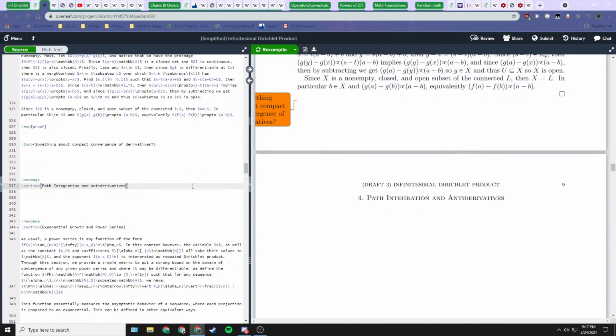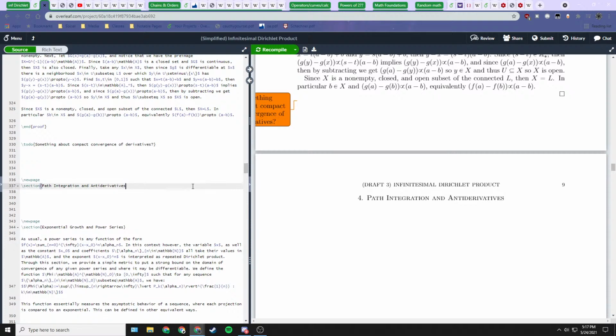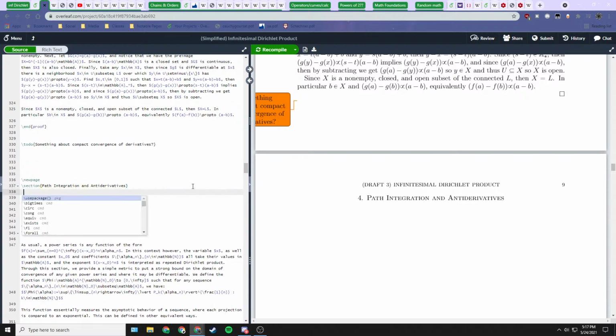So we want to start by defining our integrals in terms of paths. We'll define contours first.